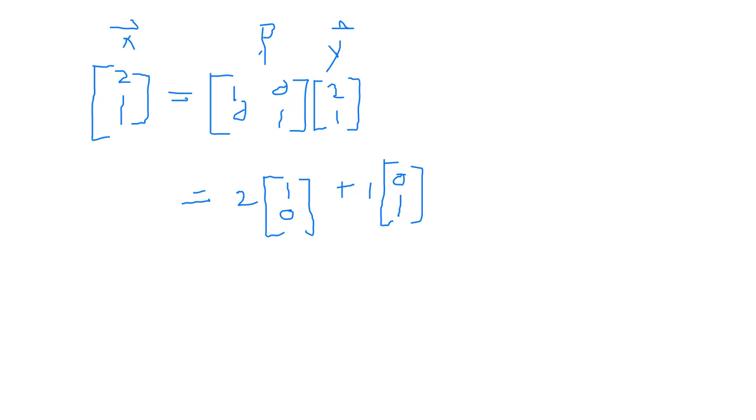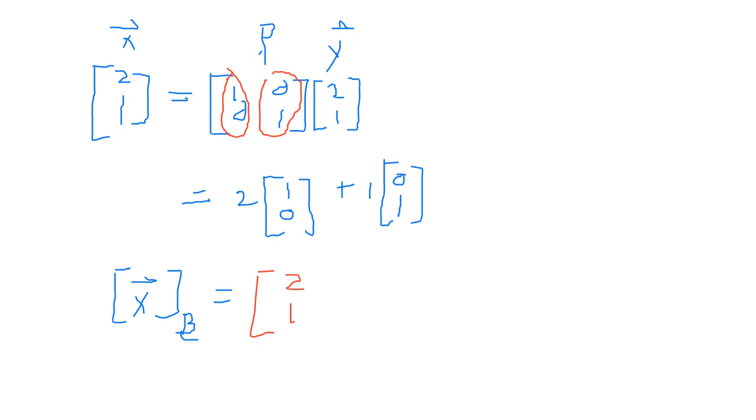And so the coordinate vector of x relative to the basis B, where B consists of the vectors 0, 1 and 1, 0, just equals 2, 1. So that's a simple example, but I wanted to give you an example of what they're talking about here.